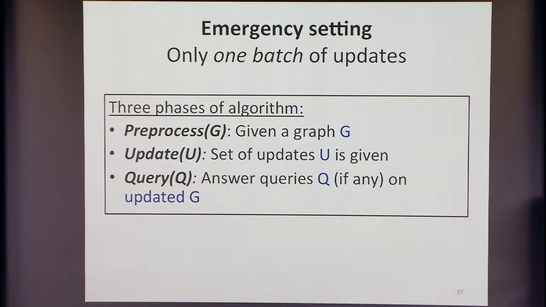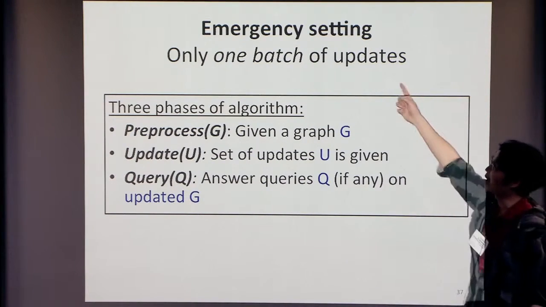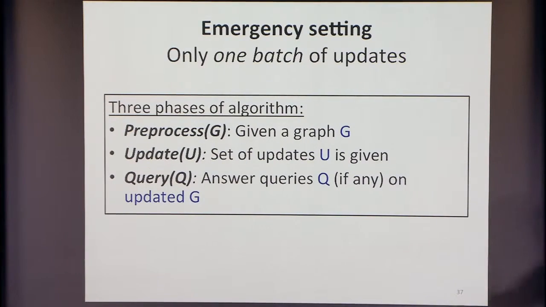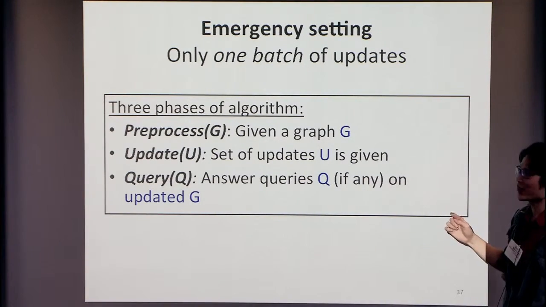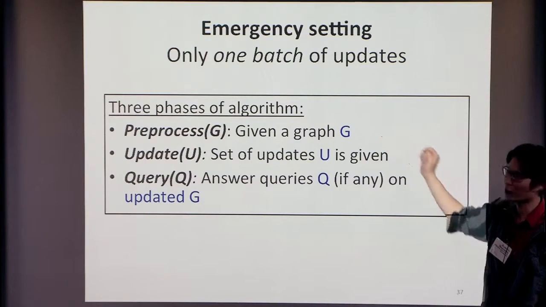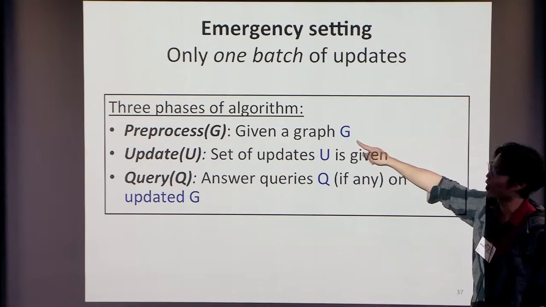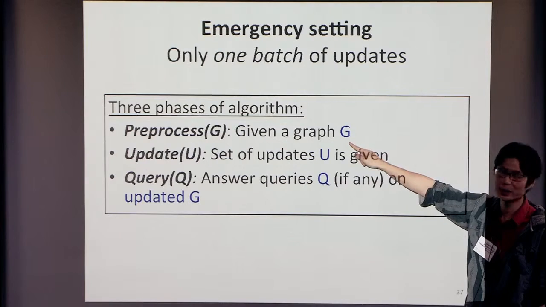The main feature of the model is that you will have only one batch of updates instead of a sequence of updates. To be more precise, you will have three phases in the algorithm. In the first phase, you just have a graph G, and you have to preprocess it.